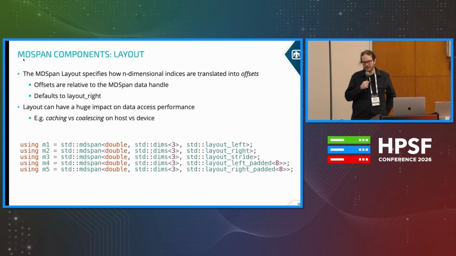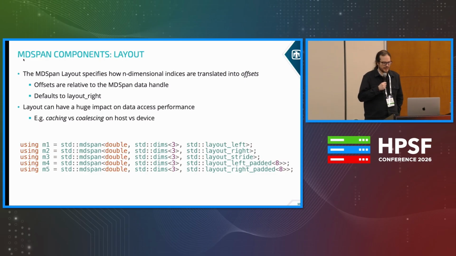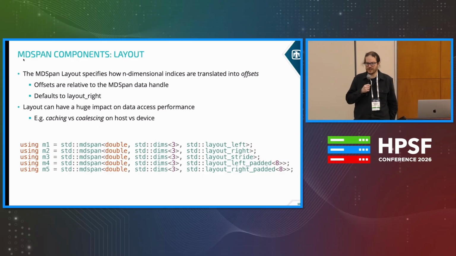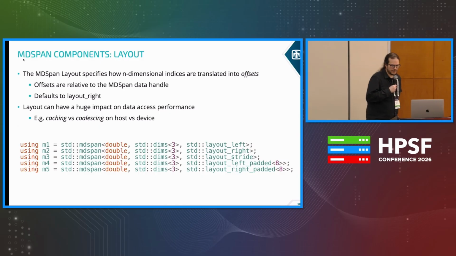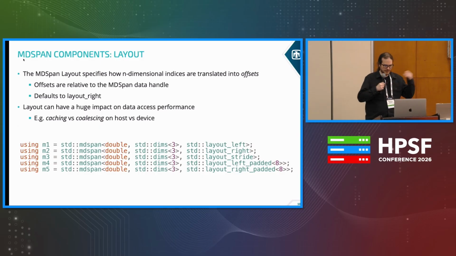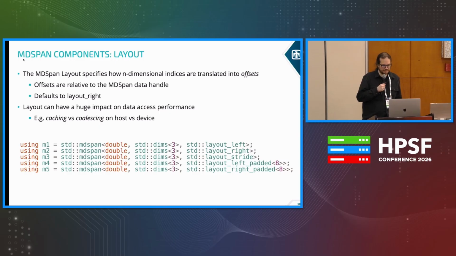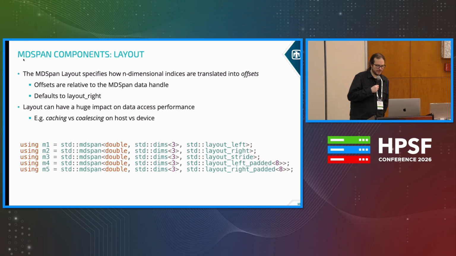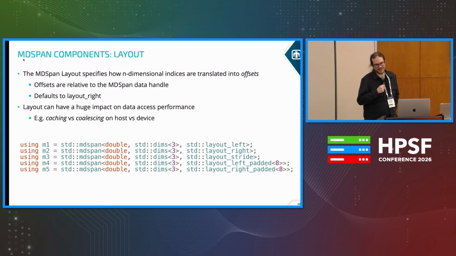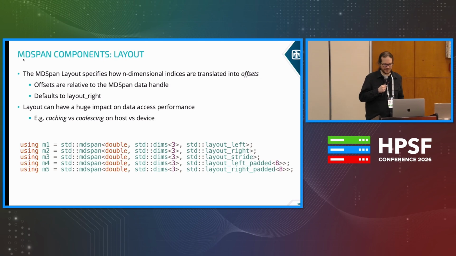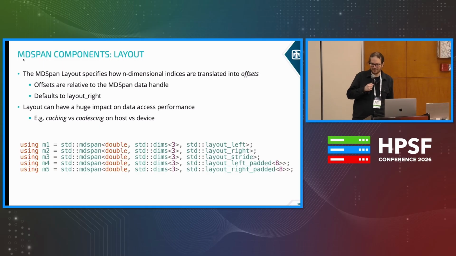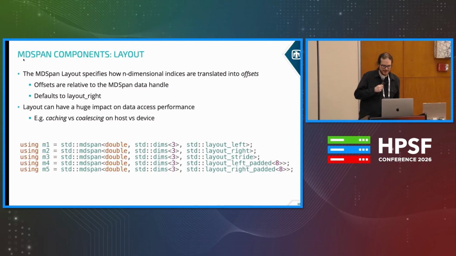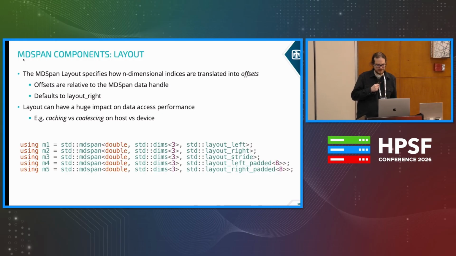The third component that I want to talk about is the layout. The layout of the mdspan specifies how data is arranged inside of the space that it spans. It basically provides an offset, and these offsets are relevant to whatever data handle you provide mdspan. I'm trying to say this in a very general manner because, as you'll see, we might not even be talking about memory pointers at all, depending on how you specify other parts of the mdspan.